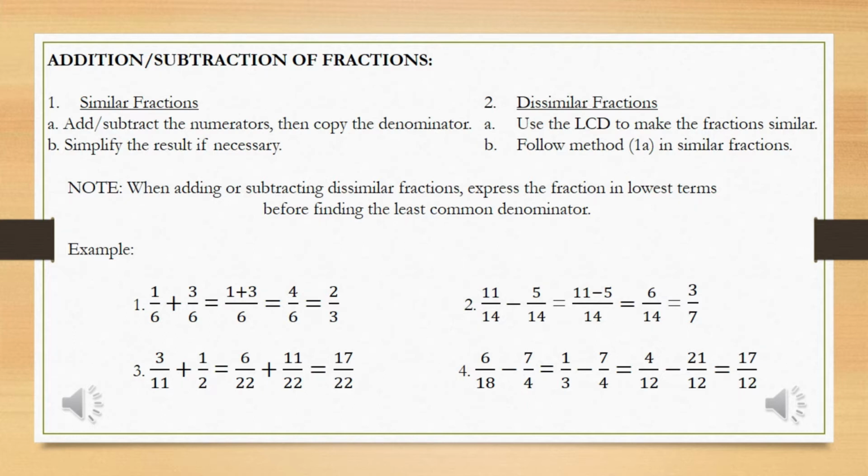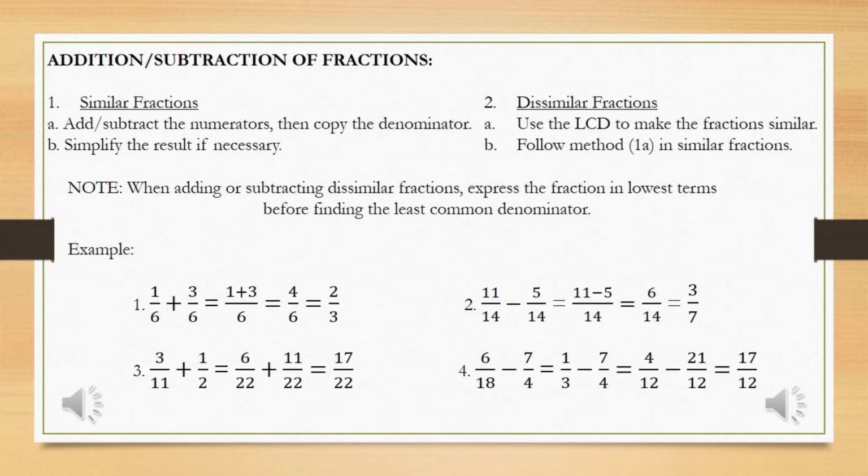So in this case, 1 plus 3 is equal to 4. Then we will copy the denominator, which is 6. If you notice, 4/6 can be simplified. So we right away simplify the result, in which case it became 2/3.